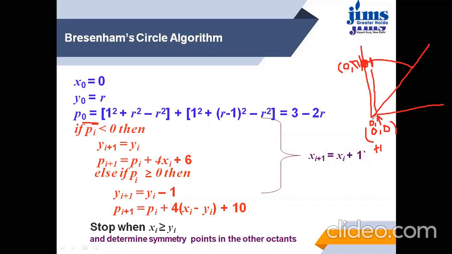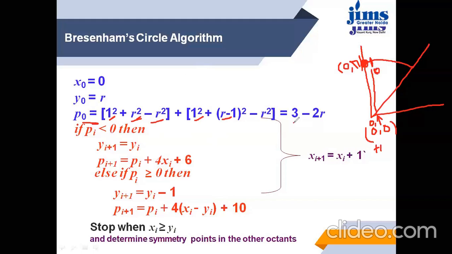So put the value of x over here. This is 1 plus r square, because the value of y is r. The value of y is r minus r square, plus this is the next lower pixel.